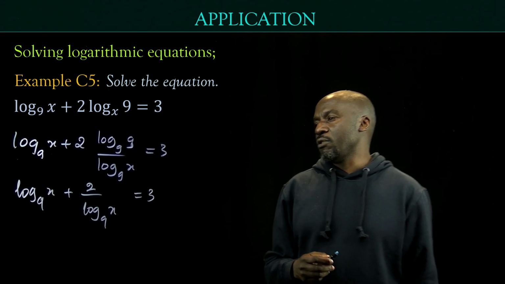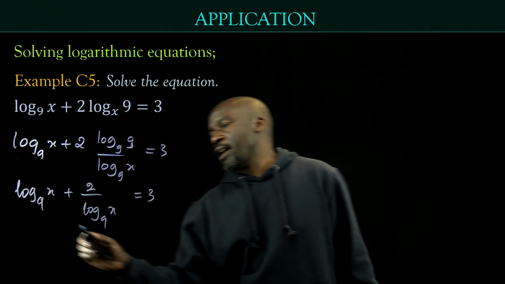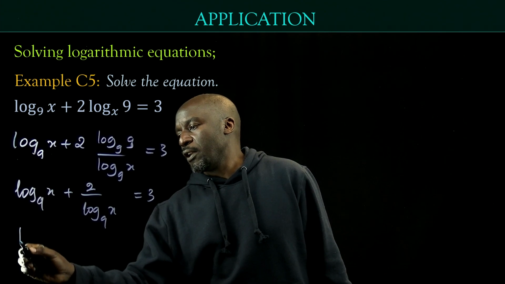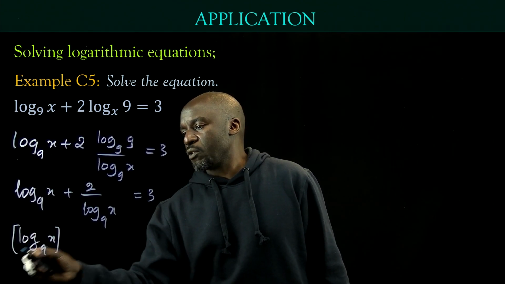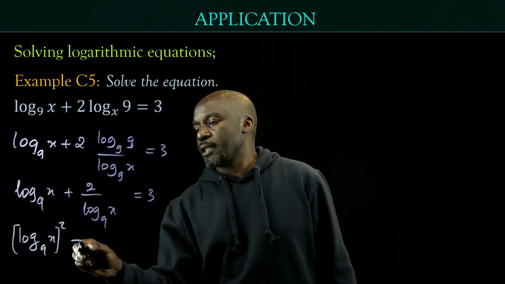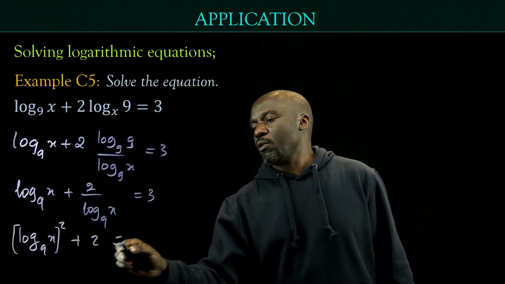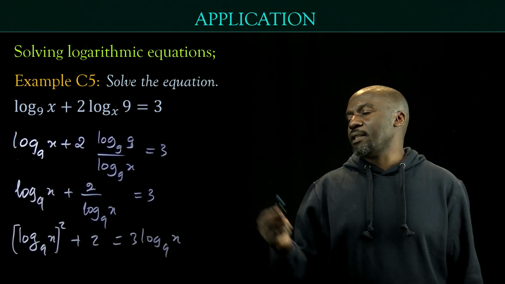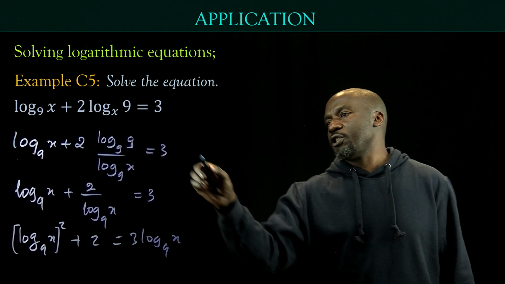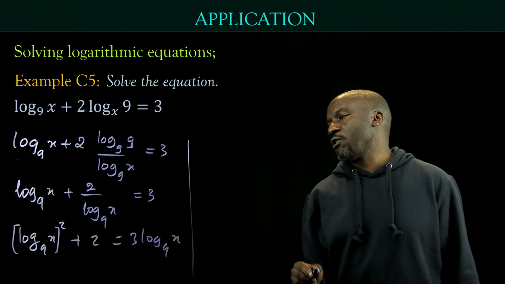And if I multiply through by log to base 9 of x, I have log to base 9 of x, everything squared, plus 2 must be equal to 3 log to base 9 of x. This is another quadratic equation. If you check carefully, you should see this is another quadratic equation.